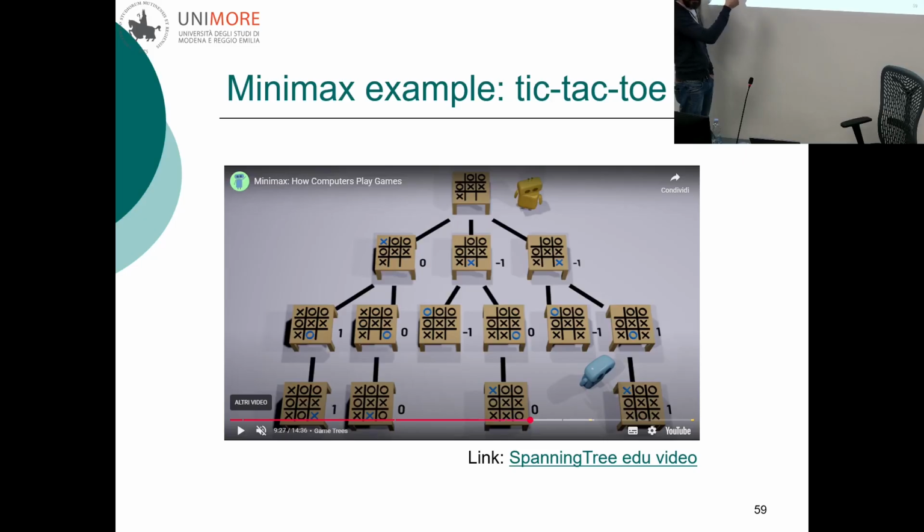At best, I can get a draw, assuming that the other agent is playing optimally. Right? Is this what a human agent does? Yes. You don't assume to play against a stupid opponent. You assume that you are playing against the best opponent there is in the world, so you must play the best you can.